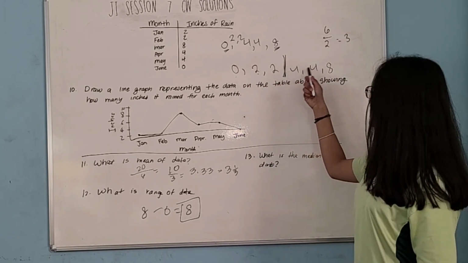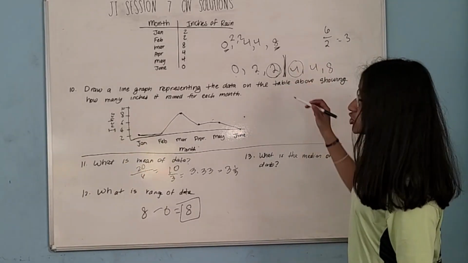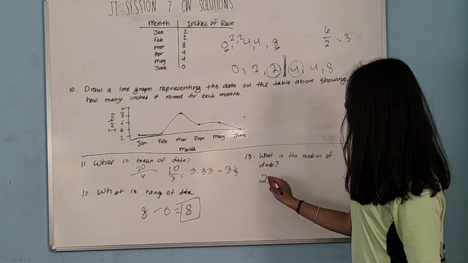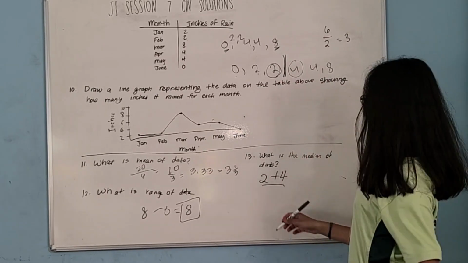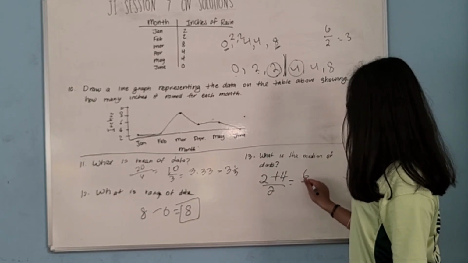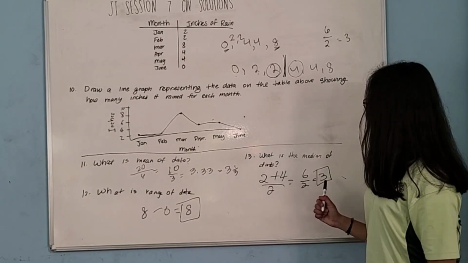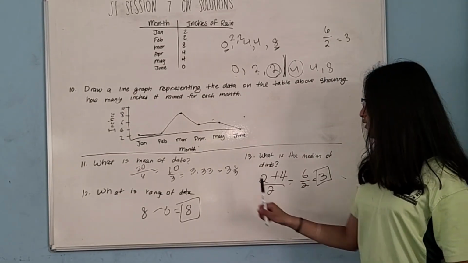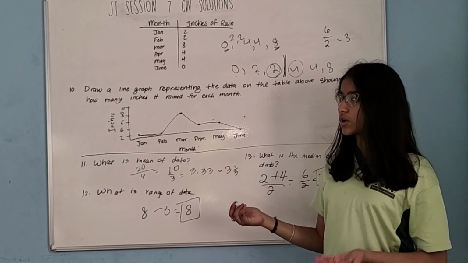There's 3 numbers on this side and 3 numbers on this side. And the two middle numbers are 2 and 4. So we're going to find the average of that. So in fact, we're finding the mean of the two middle numbers. 2 plus 4 over 2, which is equal to 6 over 2, which is equal to 3. So the median is 3, the range is 8, and the mean is 3 1/3, or 3.33.